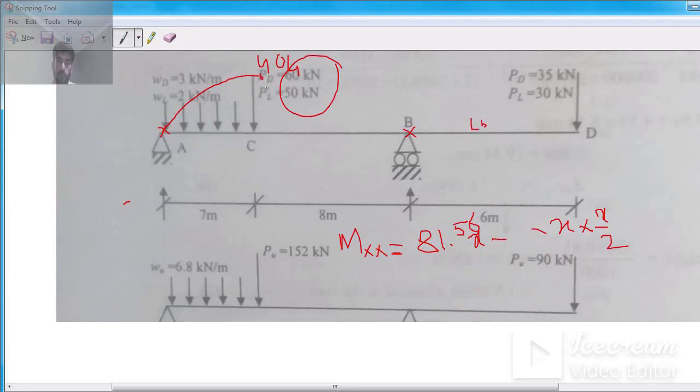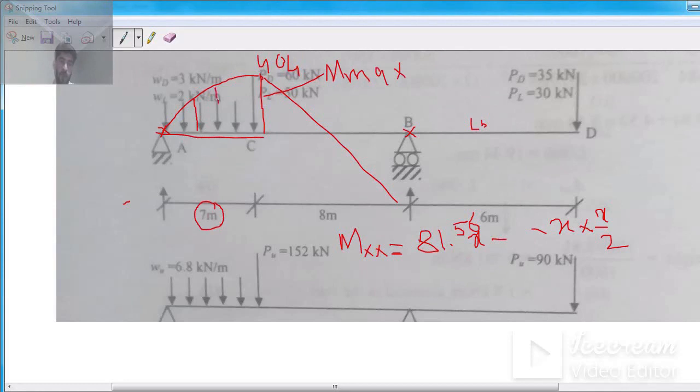So this is my MA. This is my MA. Now this is my M max. Now I have to determine MA; this is the portion length, this is AC. Remember, AC is 7 meter. Then we have MB, and then we have MC. You should remember. This MA is basically what?